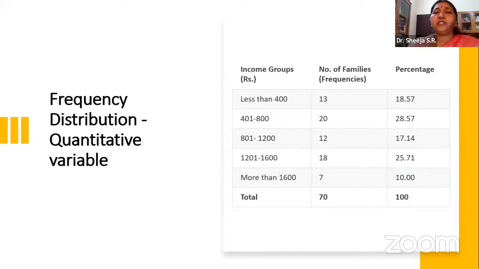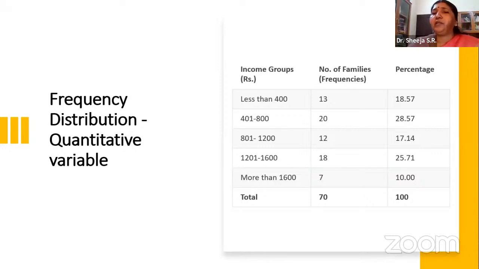So just by examining this, we get an idea about the monthly or daily or whatever it may be, the income of these families. We find that 70 families are there, and they have been classified into different groups on the basis of their income. And the highest number of families, 20 families, get income between 400 to 800.